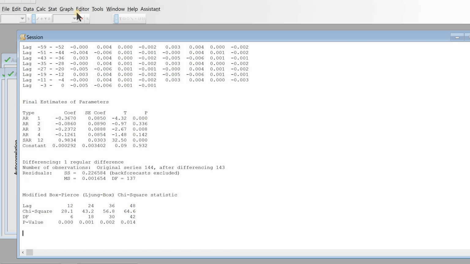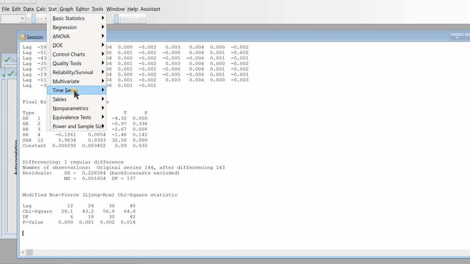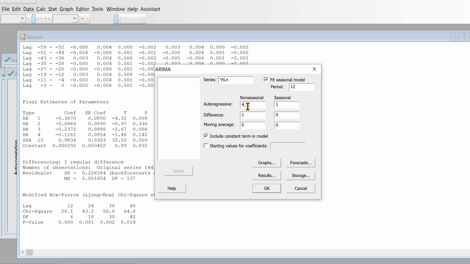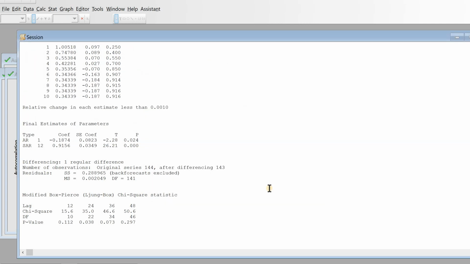So we try to fit the model again. So AR1 remains and we exclude the constant. So this is the output, with AR1 and AR12. Okay, so now both are significant.